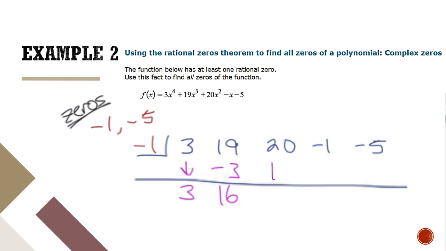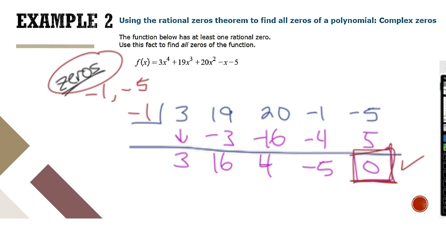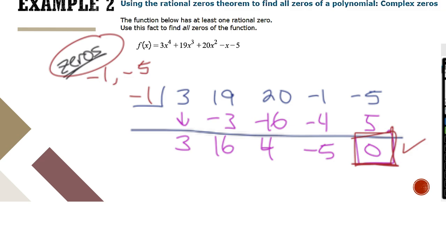We multiply to the corner, we add down, multiply to the corner, we add down, multiply to the corner, and add down, which we have to get a 0 here. If I'm telling you it's a zero here, it has to get a 0 as a remainder by the factor theorem.